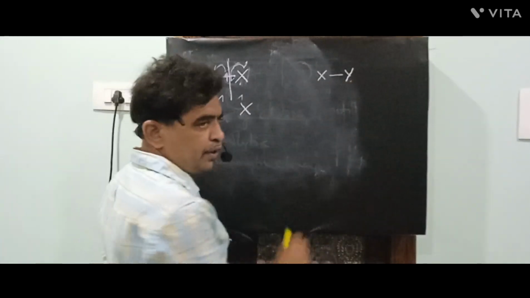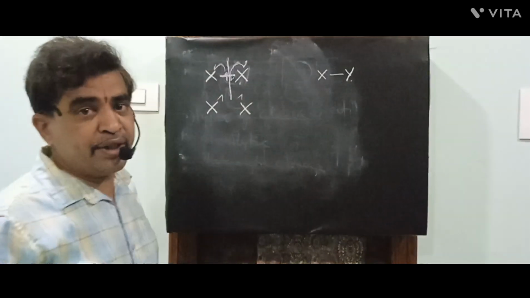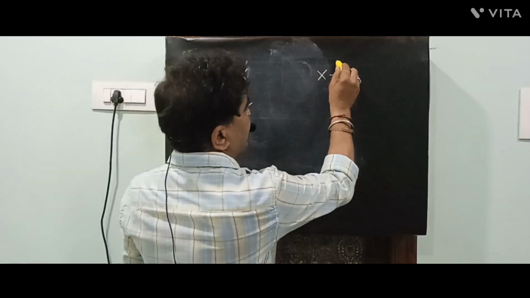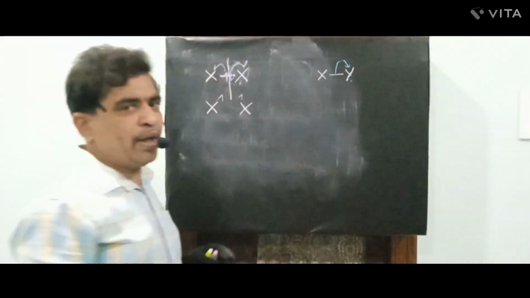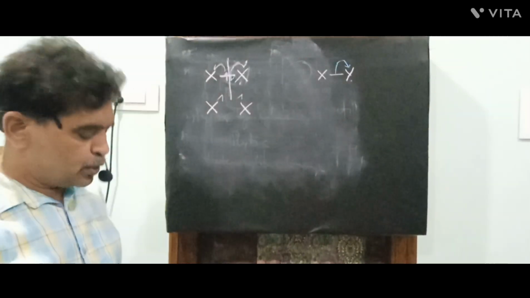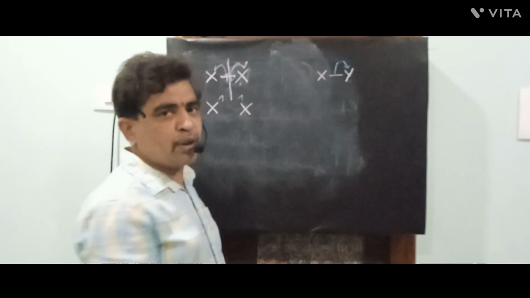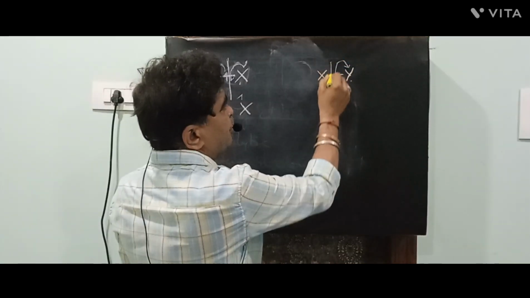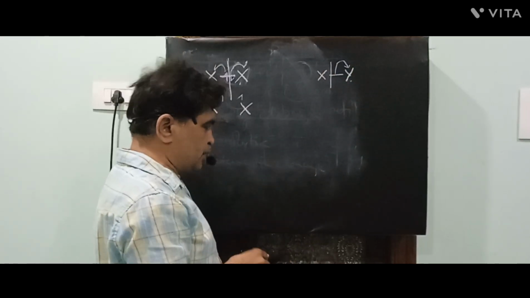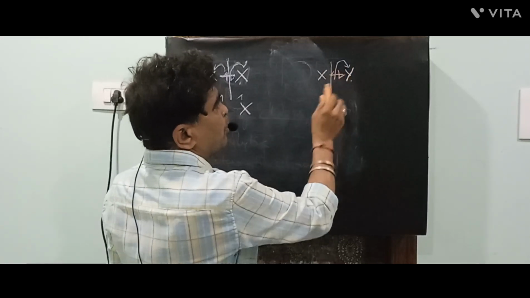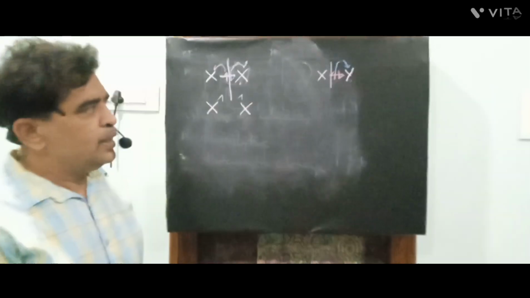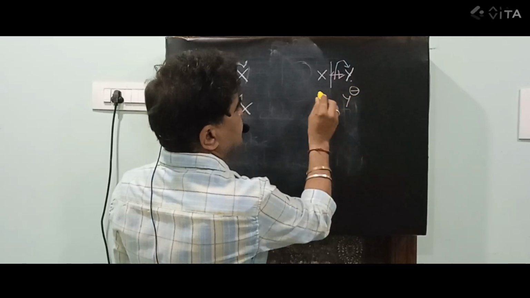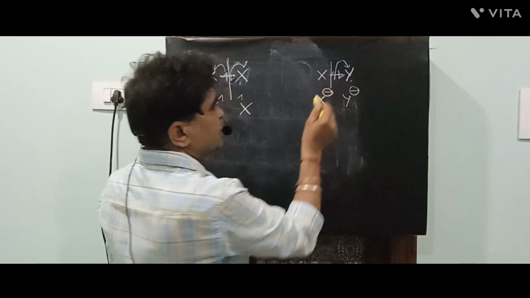When the elements are different, they have an electronegativity difference, so the electrons are pulled towards the more electronegative element. For example, Y is more electronegative than X. The electrons move towards Y, so when the bond is broken, it breaks heterolytically. Both electrons of the covalent bond move towards Y, so Y gets a negative charge and X gets a positive charge.